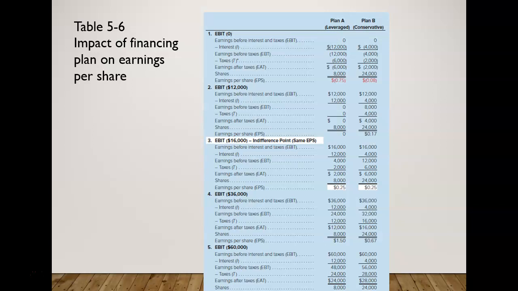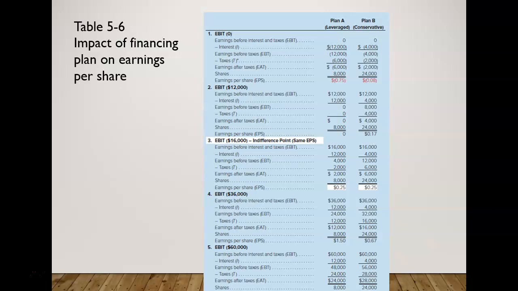So we can look at the impact of financing plan on earnings per share. If you have plan A, a highly leveraged firm, versus our more conservative firm in plan B, at 0 EBIT, so if operating profit is 0, we will see that earnings per share in the highly leveraged case would be 0.75 cents versus 8 cents in the more conservative firm.